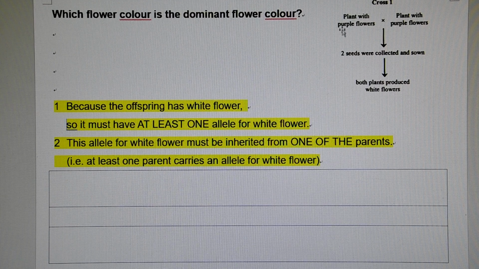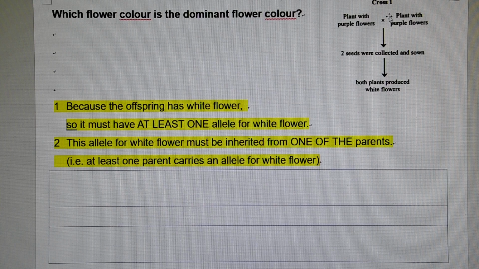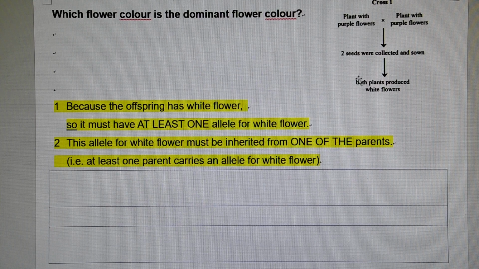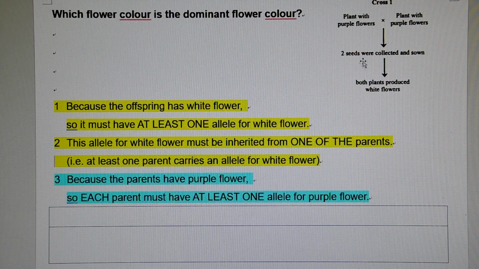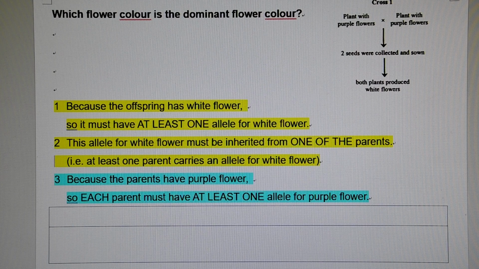Then we look at the parent level on their own. To generate the heterozygous case, we need to consider one more allele. Since both parents have purple flowers, each parent must have at least one allele for purple flower.